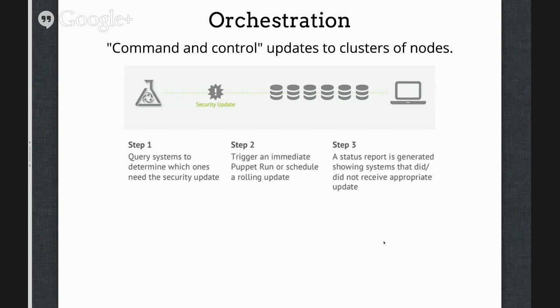So we can do a batch of 10 with a 5-minute break, and then do the next 10, and then have a 5-minute break, and then do the next 10. So at least if you are going to destroy the box by installing this badly tested update, you're only going to do it in small batches, and also you're not going to explode your Puppet Master because you can actually stage the rollout of these patches.